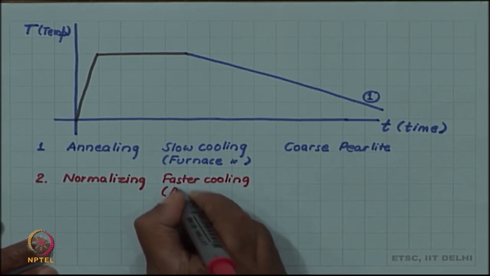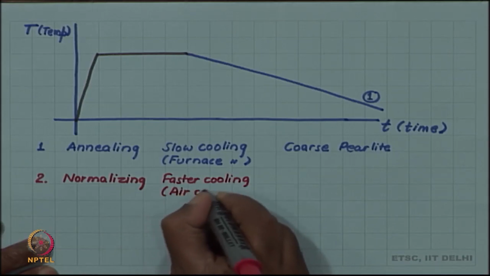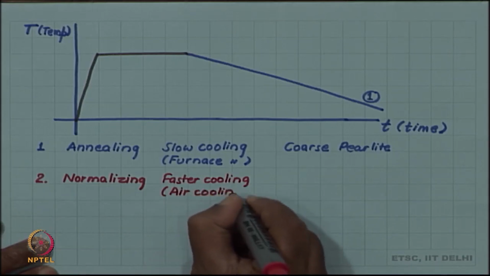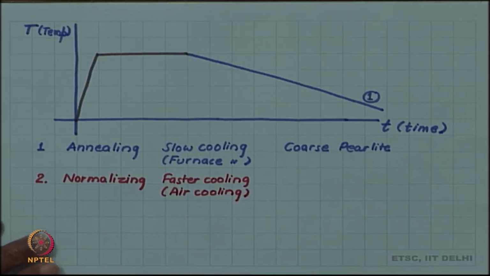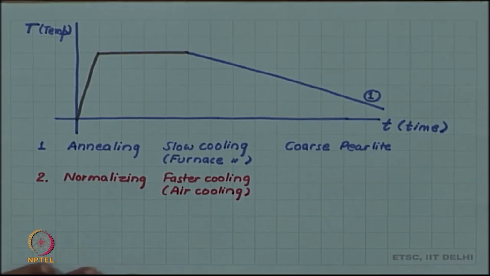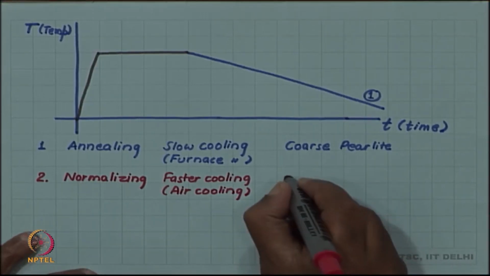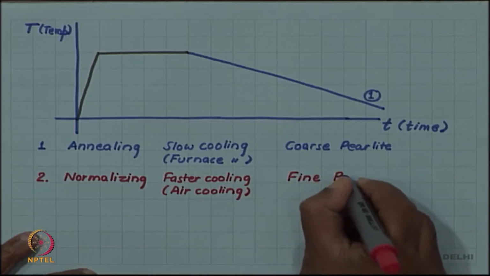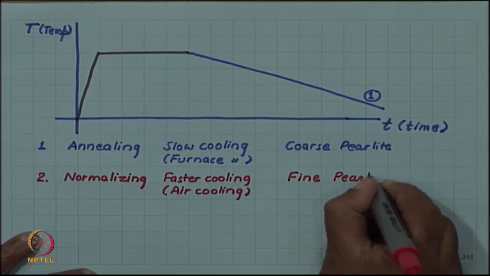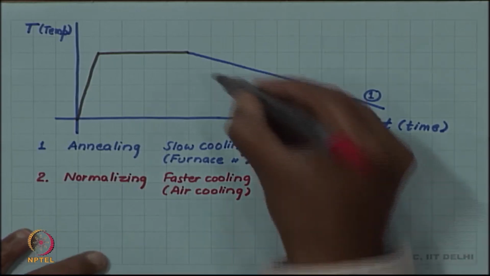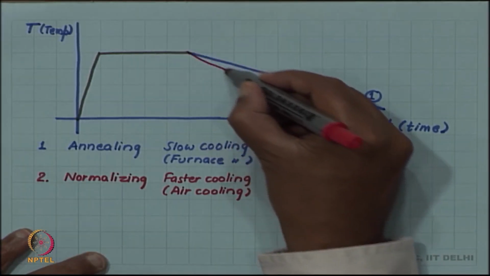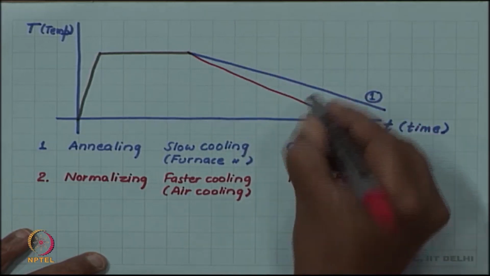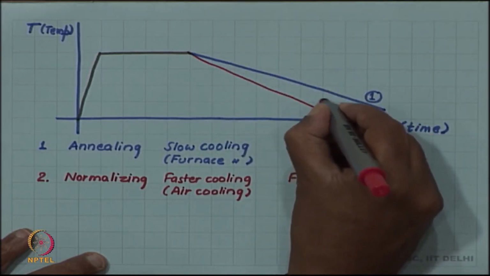Let us call this air cooling, which means we take the sample out of the furnace and leave it in the air. Because of the air the cooling will be faster. This is what gives you fine perlite. So, now the cooling rate is faster, so I show it with a curve with higher slope.